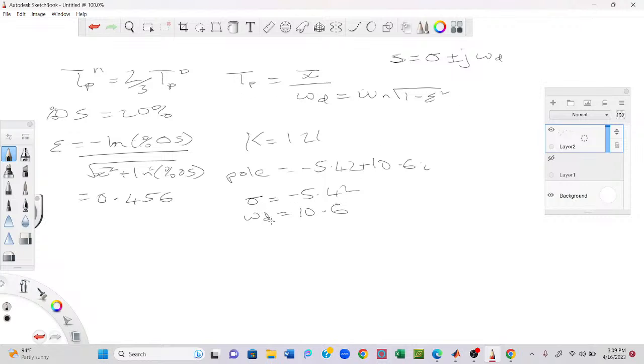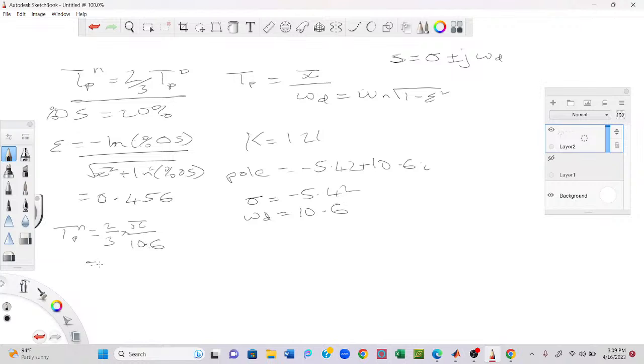The omega d found here is your old omega d. You can use that, place it in this formula, and find your new peak time, equal to 2 over 3 times pi over omega d, and omega d is 10.6.